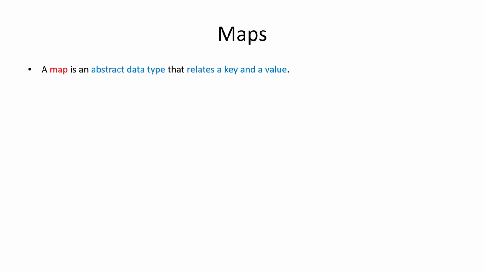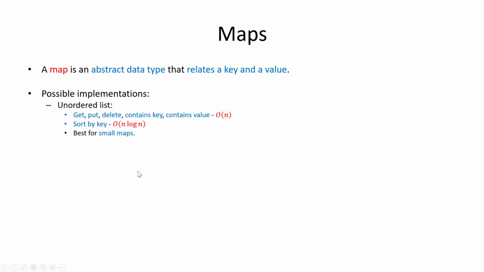Think of a student record, which might have a list of your classes with your grades, or a bank record might have a list of transactions, or your social media account might have a list of your posts, and so on. All of those would be large records that fit in for the value stored in the map. The key then would be your student ID number, or your login ID that allows you to find that particular record.